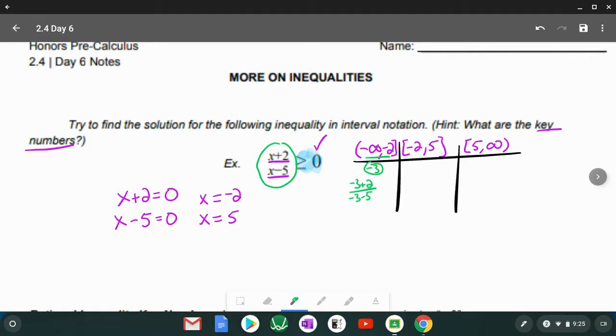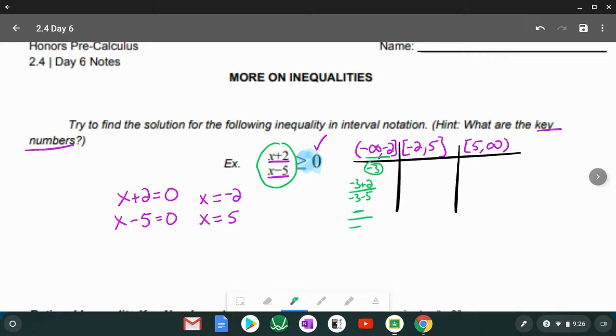Now again, as we talked about yesterday, we know that we're looking for that left side's output to be greater than or equal to 0. So the numbers themselves don't necessarily matter as much as whether the number is positive or negative. So in the numerator, I have a negative number, because -3 plus 2 is -1, over a -8.